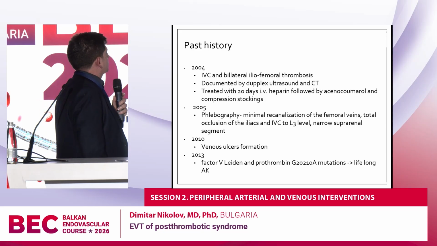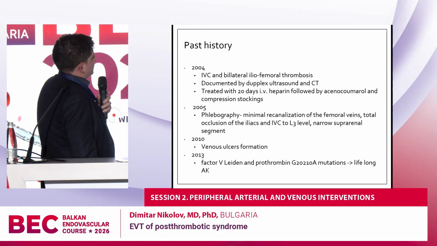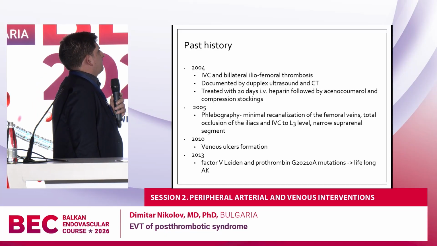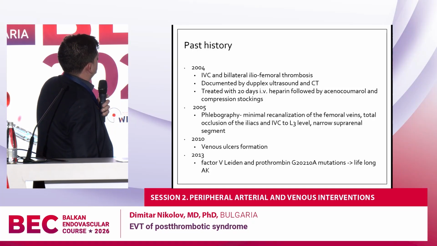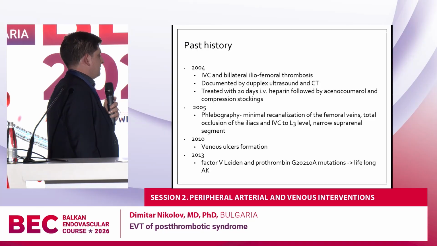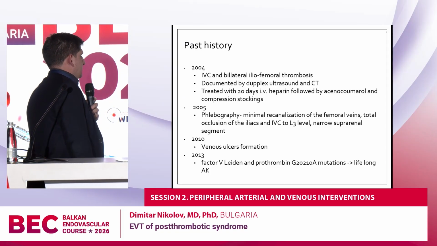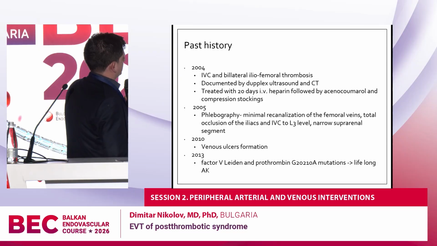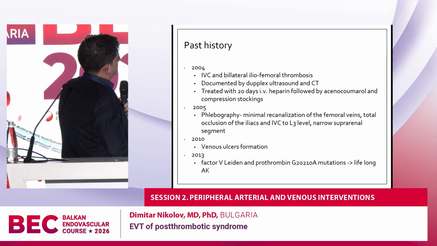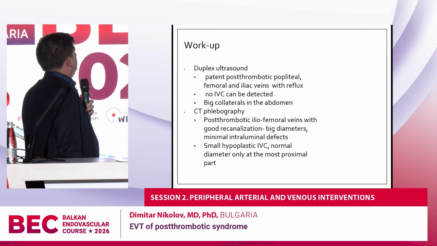It has a long history: 2004, iliofemoral thrombosis, treated 20 days with heparin, followed by acenocoumarol and compression stockings. 2005, on the phlebography, minimal recanalization of the femoral veins, total occlusion of the iliacs and the IVC. 2010, the venous ulcer formation started. 2013, he was tested and found to have factor V Leiden and prothrombin mutation, which means lifelong anticoagulation.